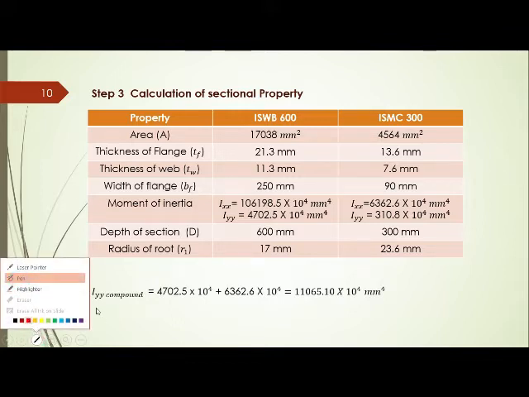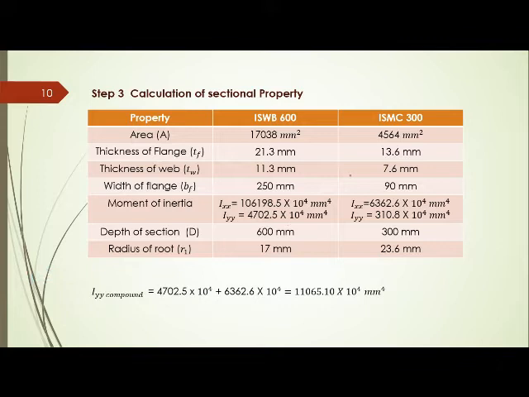Iyy compound is calculated from this value. It is the summation of these two values: the Iyy of the ISWB 600, which we have put here, and we have added the Ixx of the ISMC. Now the question is why we have added Ixx of ISMC with Iyy of ISWB.